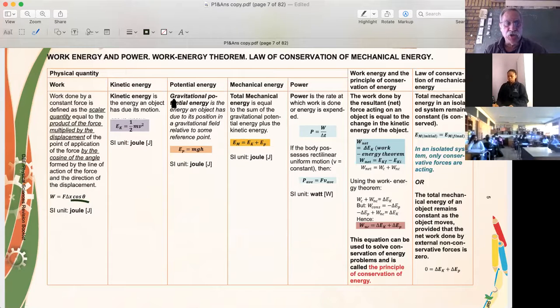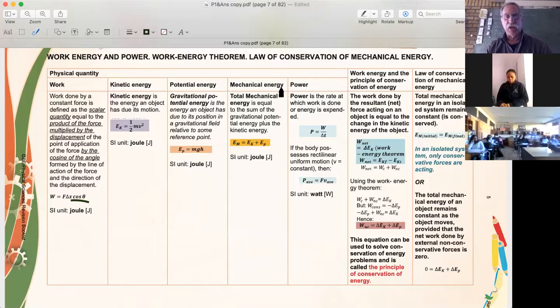Now let's have a look at this. Gravitational potential energy is the energy an object has due to its position in a gravitational field relative to some reference point. A simple definition is gravitational potential energy is energy which an object has by virtue of its position. Could stop there. And then it's equal to mgh.